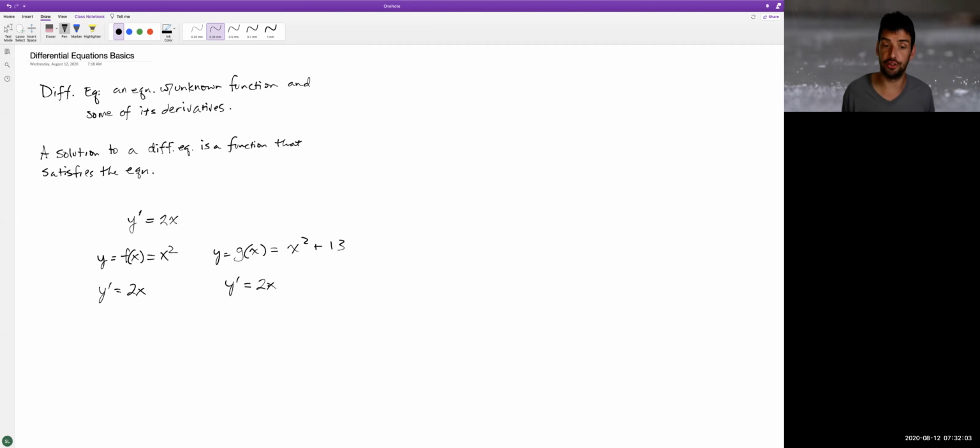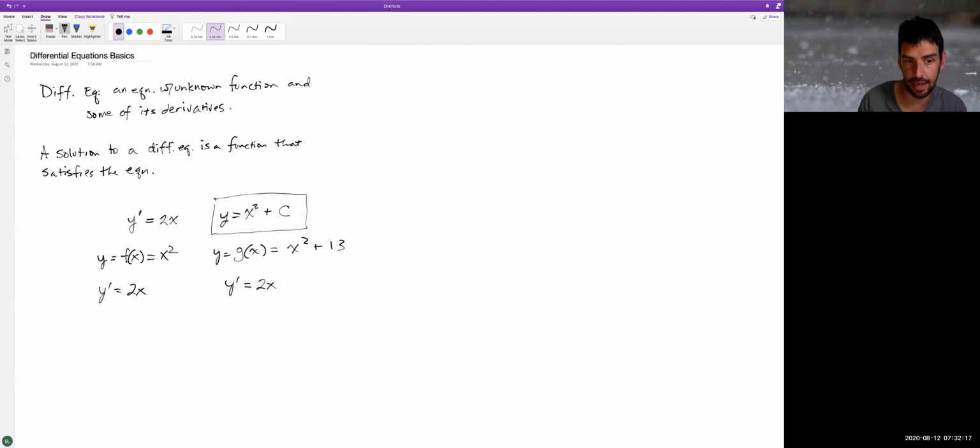So notice here that there's more than one solution. In fact, there's a family of solutions. We can write our solution in a very general way as y equals x squared plus c. This does capture this family of solutions, right? Every parabola with its vertex at x equals 0 has a derivative of 2x, right?